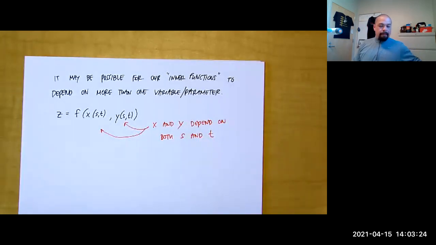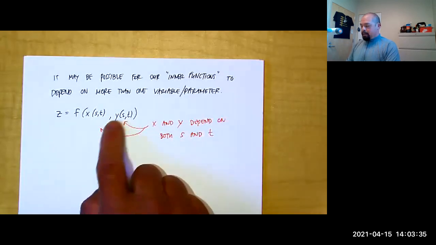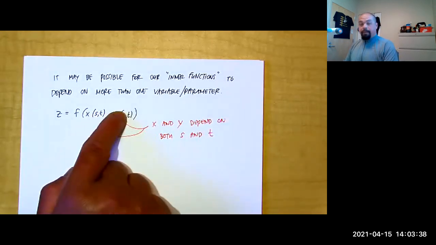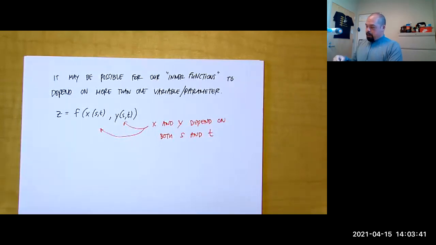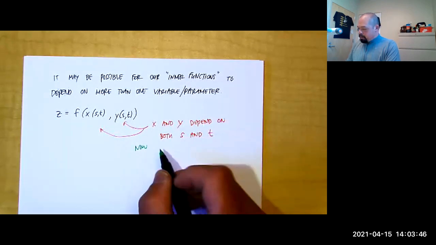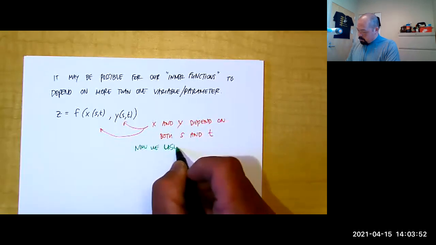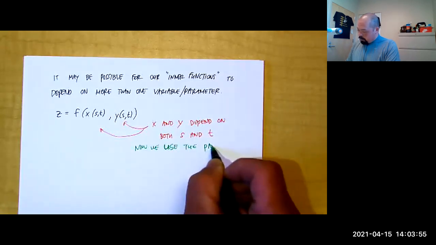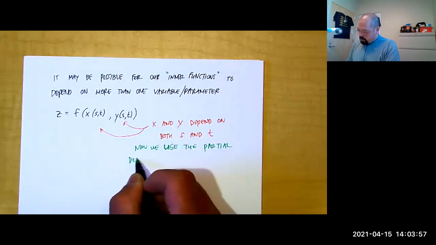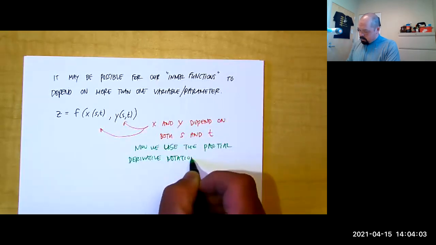Okay. And so, when we look at taking those derivatives, since there's more variables that x and y depend on, it doesn't just depend on t this time, right? Now, because we have that extra dependence, we will use that partial derivative notation throughout.